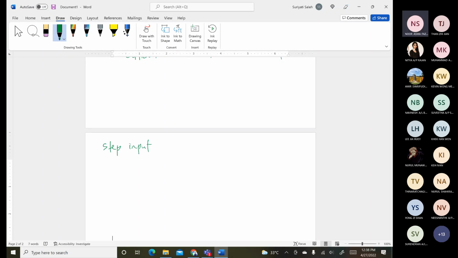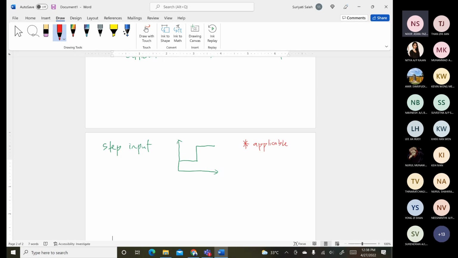So that's why you have the step input based on the magnitude, positive or negative. So this is fixed. The same goes for the first order or second order. We will use the step input. Also, in the chemical industry, the step input is widely used.